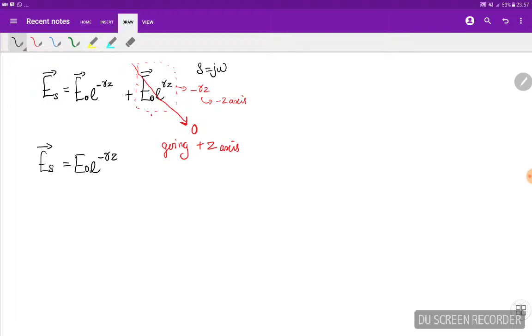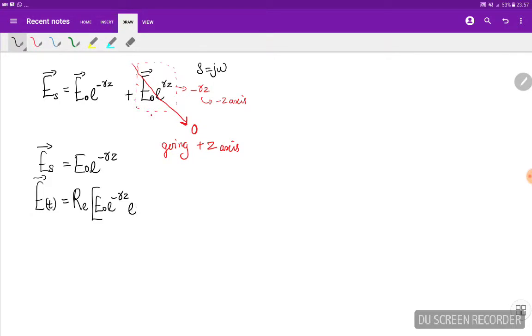Now we need to convert this back into our time domain. To do that, E of t is going to be the real part of this, so we find the real part, that's Re of E. Now we add e^{jωt} to it. It's a conversion process.